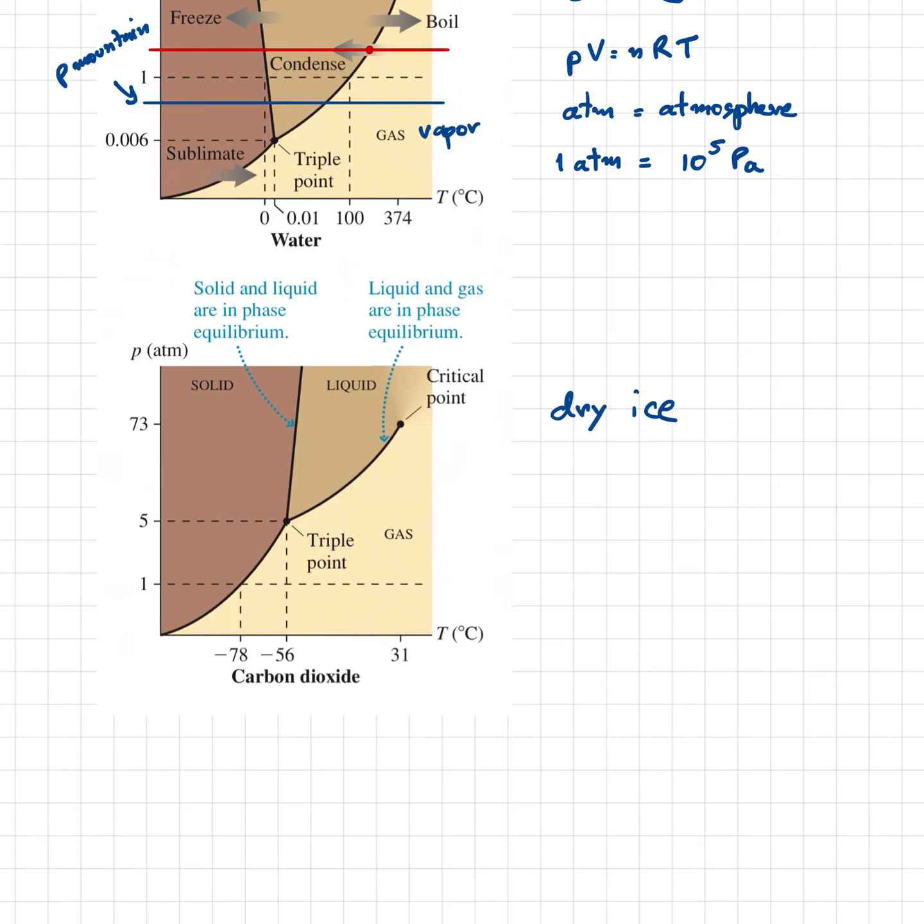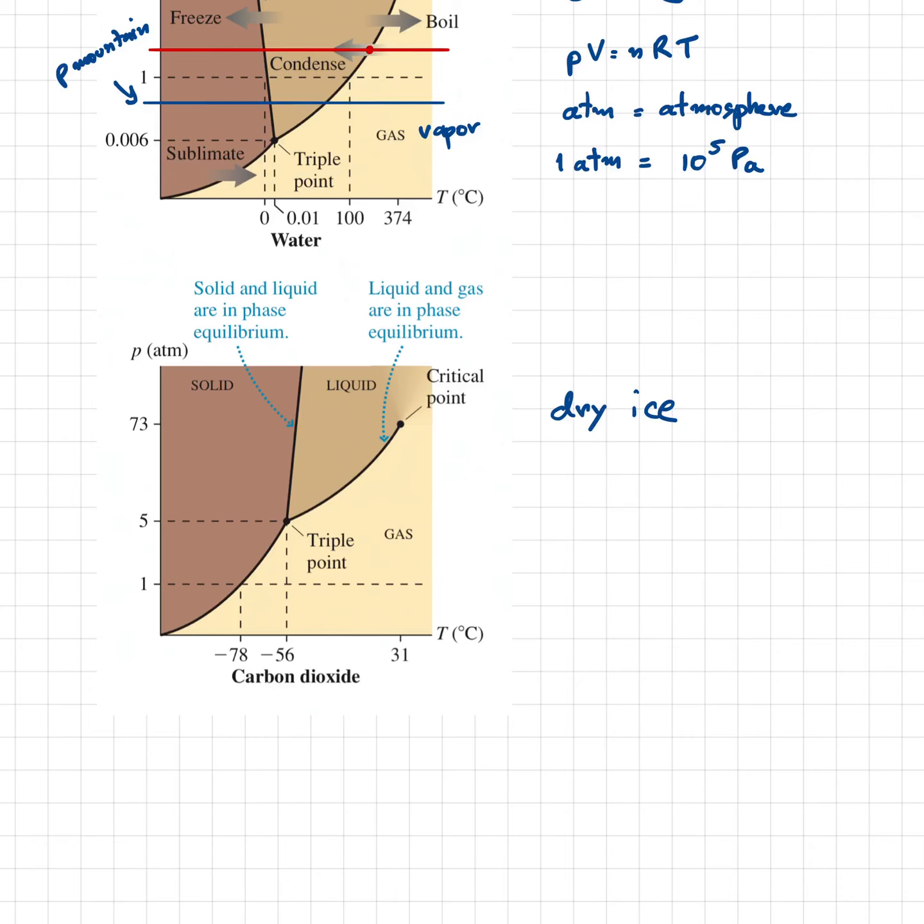And if you observe carefully, you're going to see that dry ice will not melt, but it's going to evaporate right away. So if you have dry ice, it will not melt like water. It will just evaporate and become carbon dioxide. Right? So you can get some and see if this is the case or not.